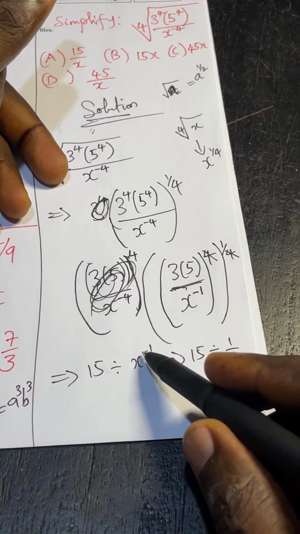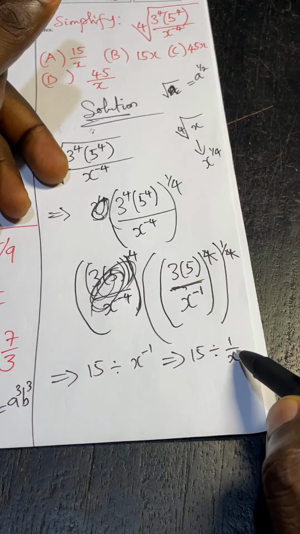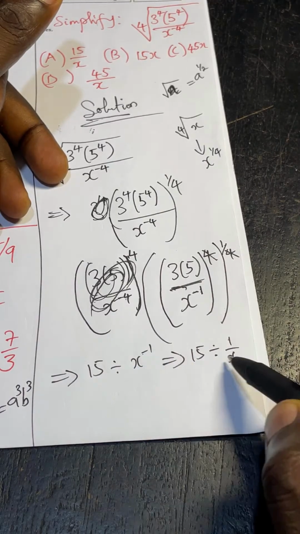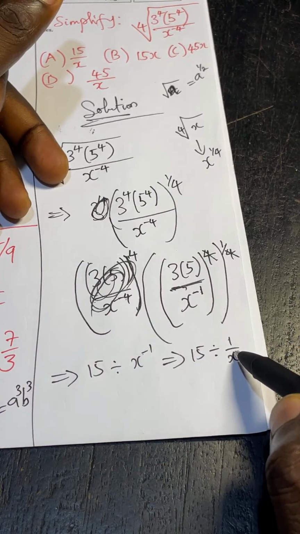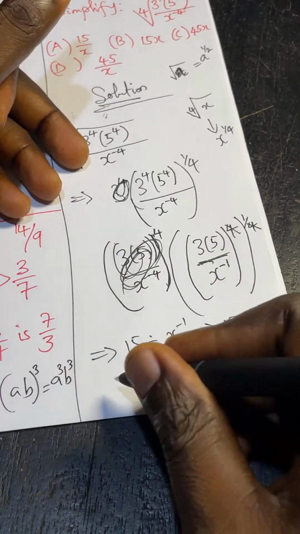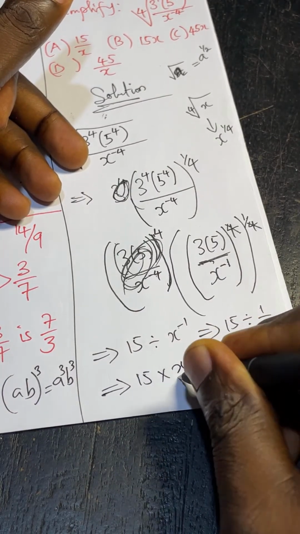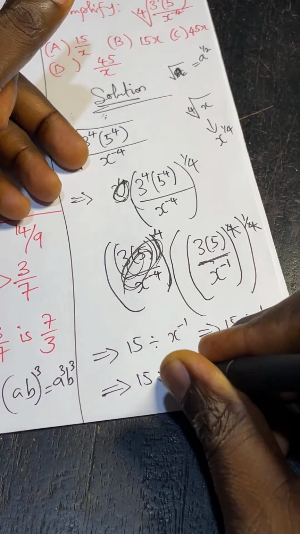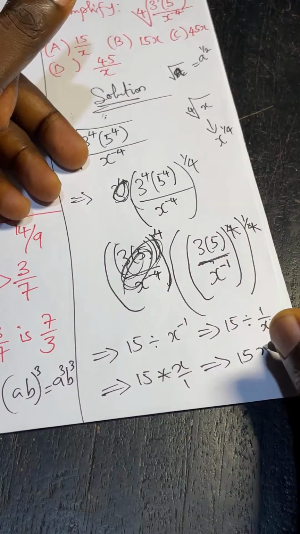When a number is raised to the power of negative index, it is the reciprocal of that same number to the power of positive index. So x power minus 1 is same thing as 1 over x. Turn division to multiplication, that will give you 15 times x over 1. That will give you 15x.